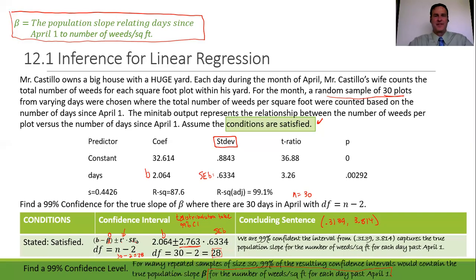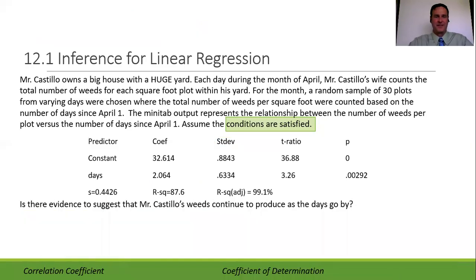All right, we will keep going. Notice it's the same table, and it says, is there evidence to suggest? Evidence to suggest means that this is going to be an inference test where we'll have a null and alternative hypothesis that the number of weeds continue to produce as days go by. If I say continues to produce, that means that we have some type of increase.